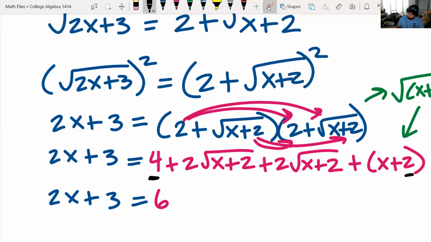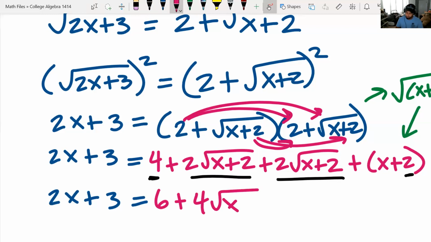And then we'll put this 2 square root of x plus 2 plus this 2 square root of x plus 2 together. If they are the same radical with the same term inside, then you can add the leading coefficients. So this will give us 4 square root of x plus 2. And all that's left over is that tiny, lonely x over there.